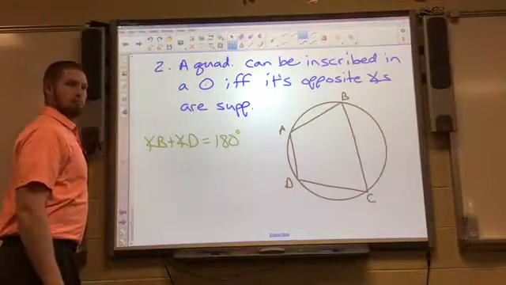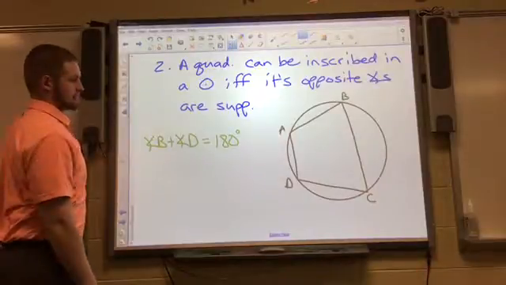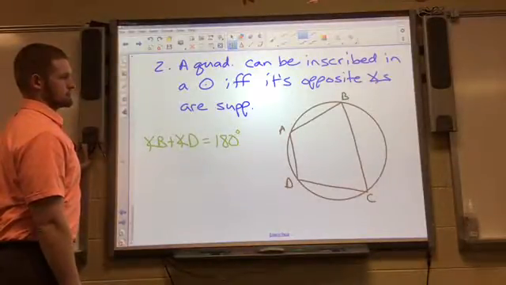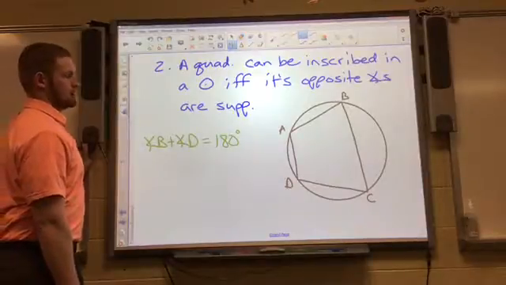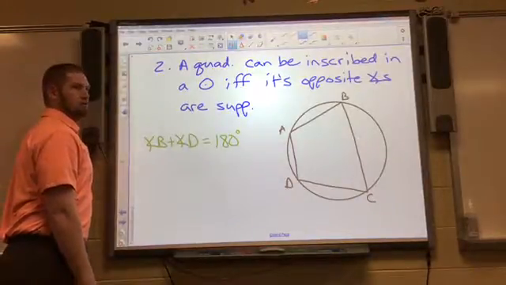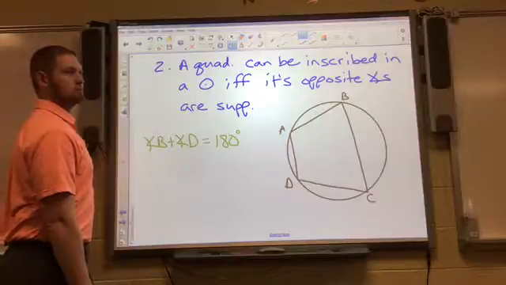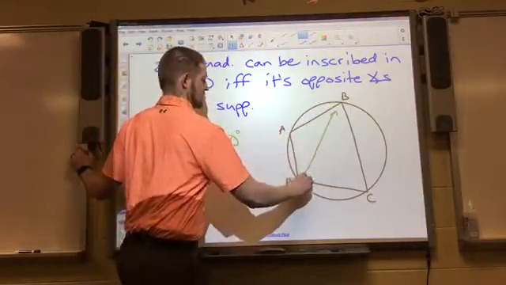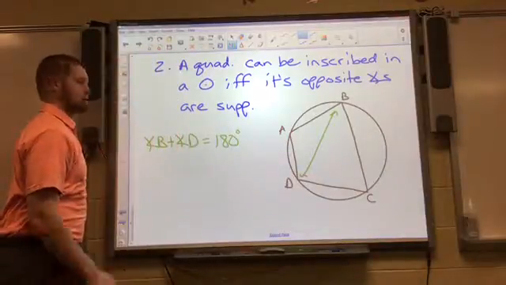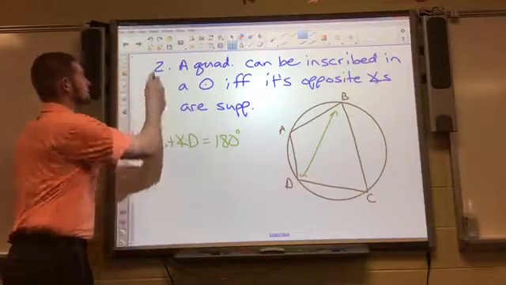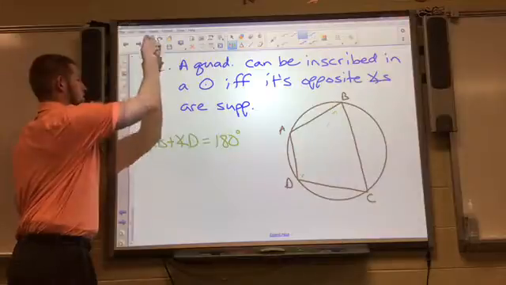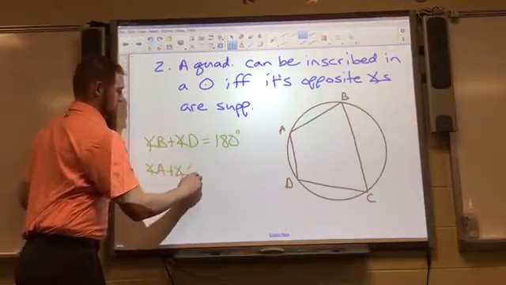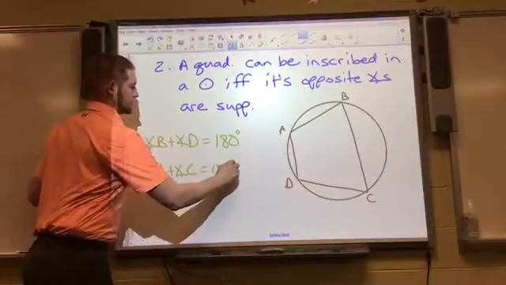Lainey, can you give me another one? Well, we already gave you these ones, right? Good. Angle A plus angle C equal 180 degrees.